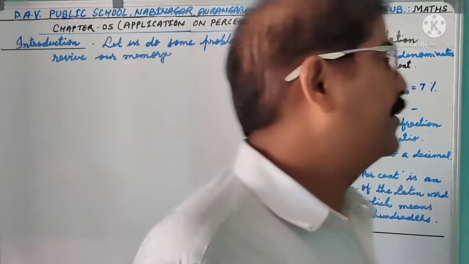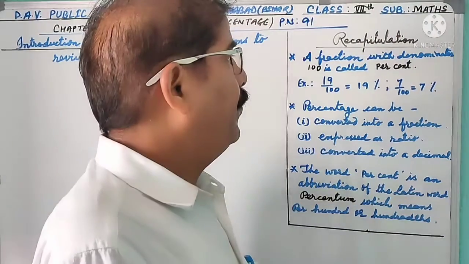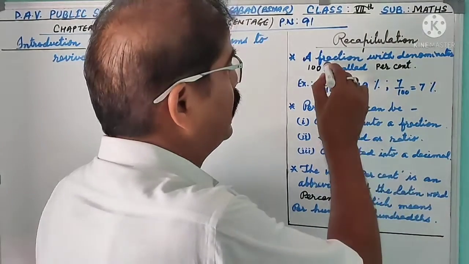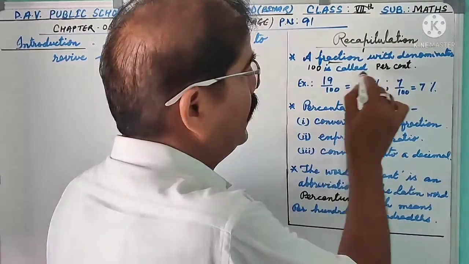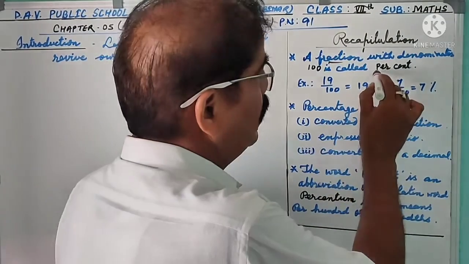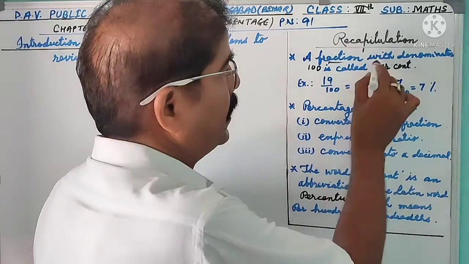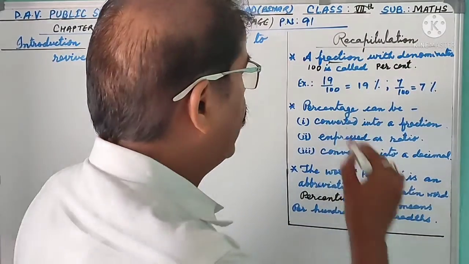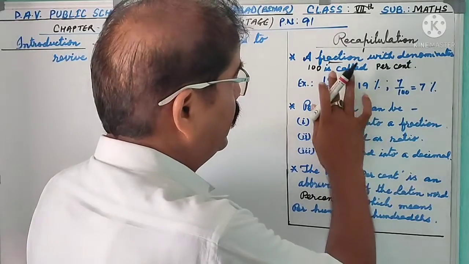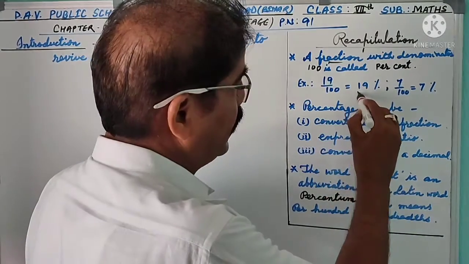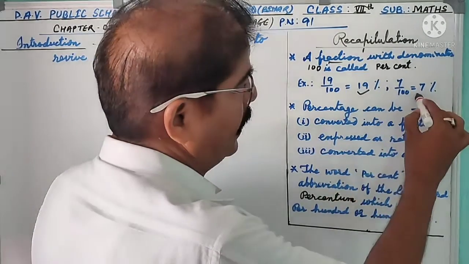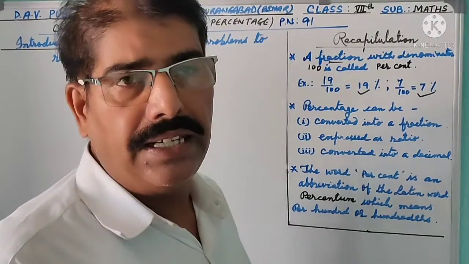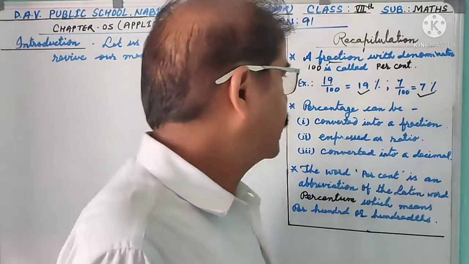We know that a fraction with denominator 100 is called a percentage, such as 90 by 100, 90%. 7 by 100, 7%, 10 by 100, 10%, and so on.